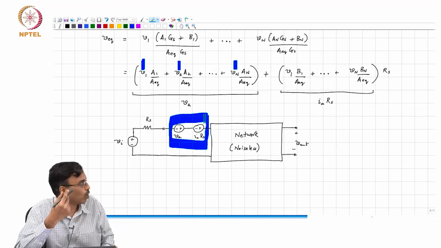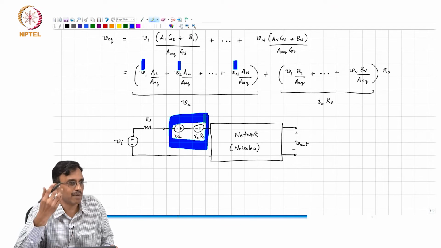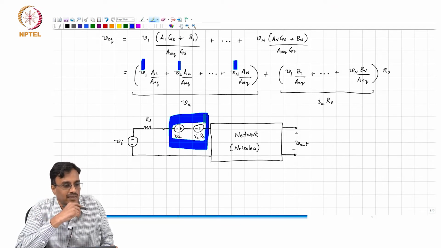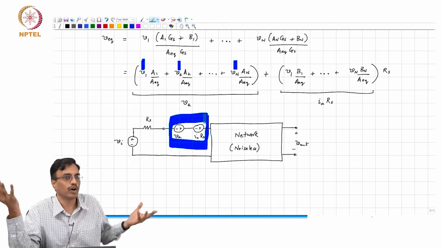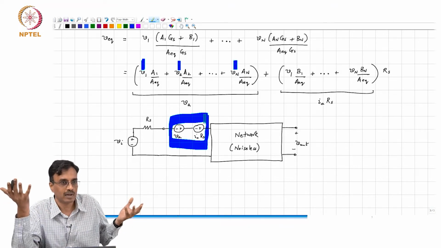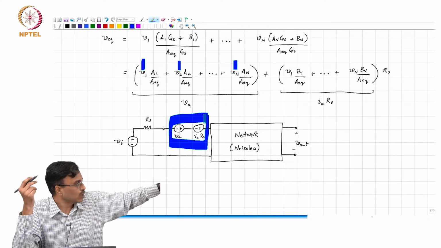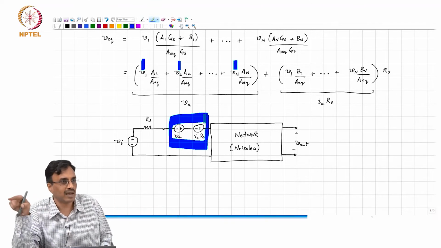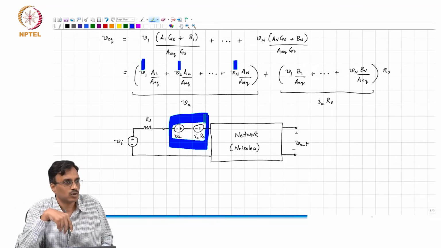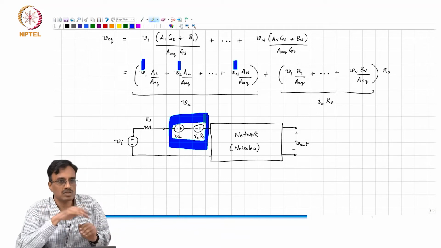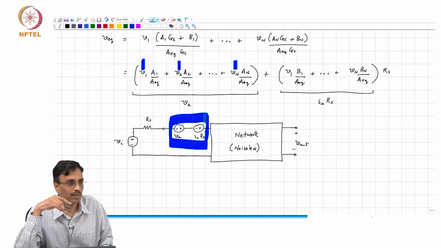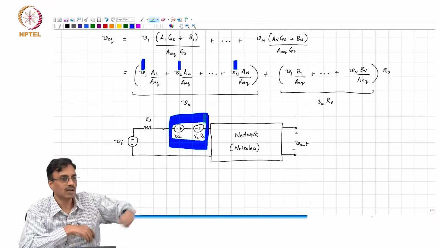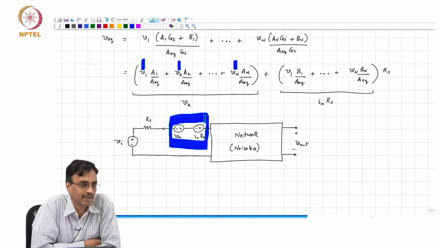If you want the equivalent noise source to have the same effect as all these myriad internal noise sources, the strength of the noise source better go up in proportion, because otherwise this equivalent noise source has to get multiplied by the transfer function to give the same output noise. So, if the transfer function is going down, the strength of the noise source better keep going up. That is the intuition why you see IA times RS.